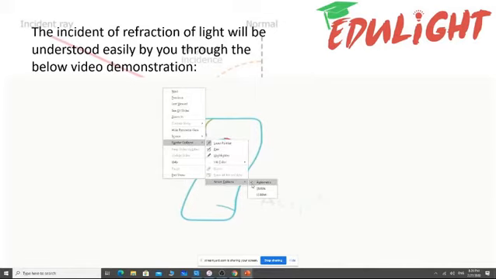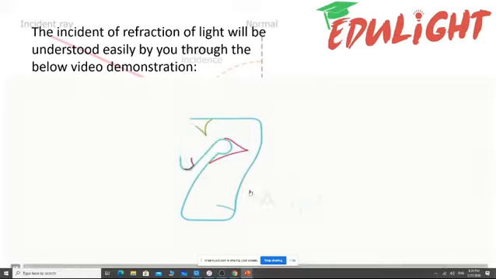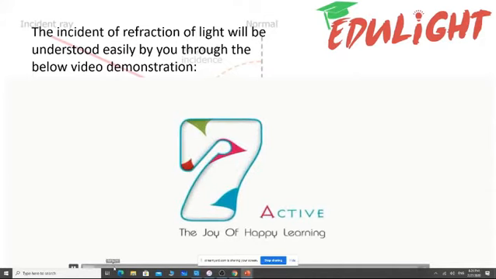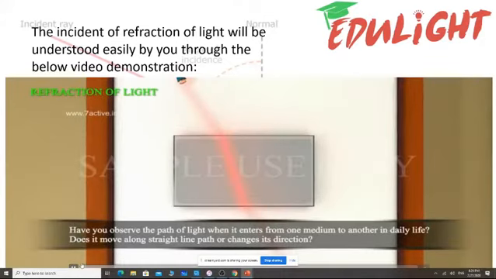You can see that this is the technique from which refraction of light is introduced as a subject or topic in your physics. You have obviously seen in your previous chapter of physics the reflection of light.